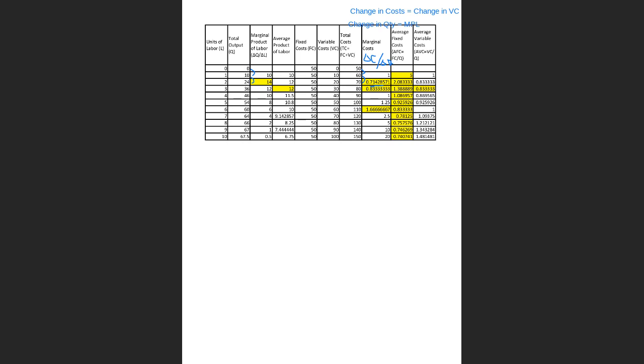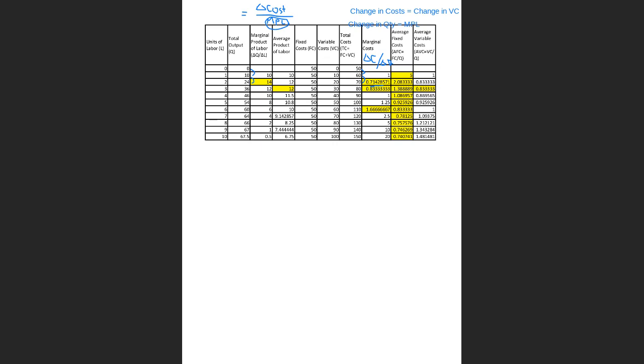If I think about this as an equation, it's the change in those costs divided by that marginal product of labor. If you remember how fractions work, as the marginal product of labor gets bigger, this fraction overall gets smaller.